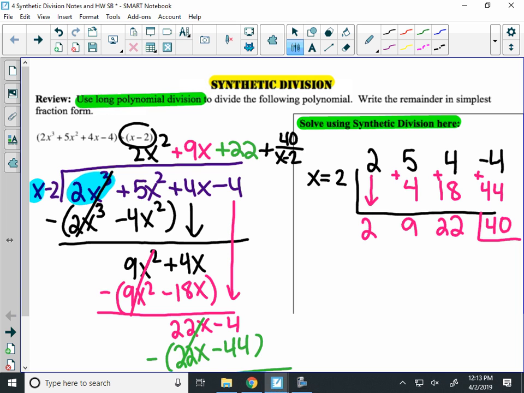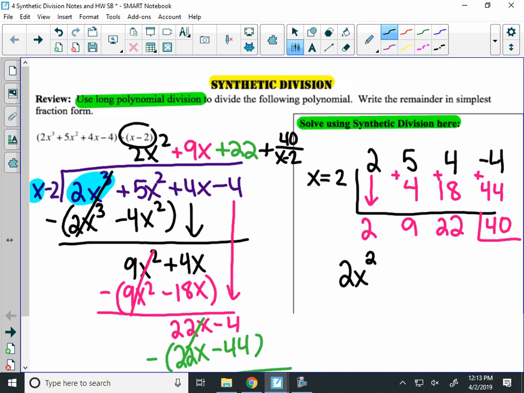Now, what do you notice about the 2, 9, 22, and the 40 from the original? Those are the same numbers. So when we divide a polynomial, we started with x cubed, and we divided it by an x. If this is a coefficient, what should be the exponent on the x after this? X squared.